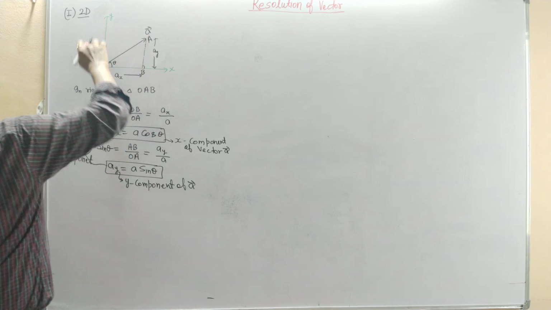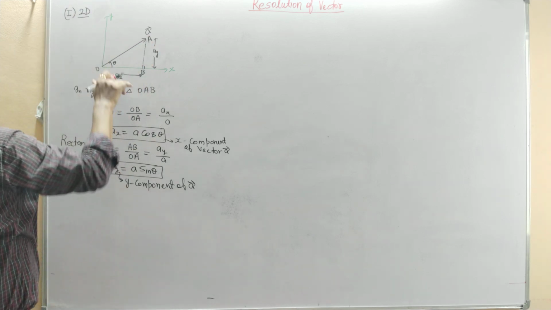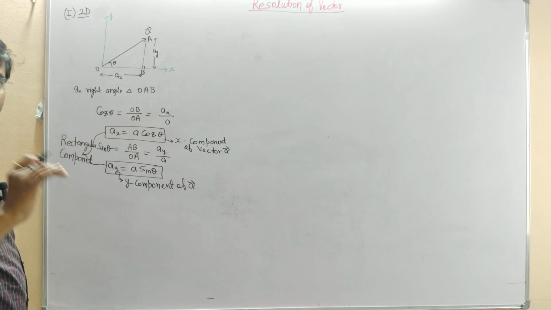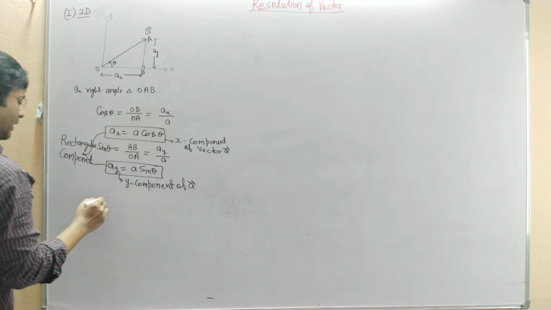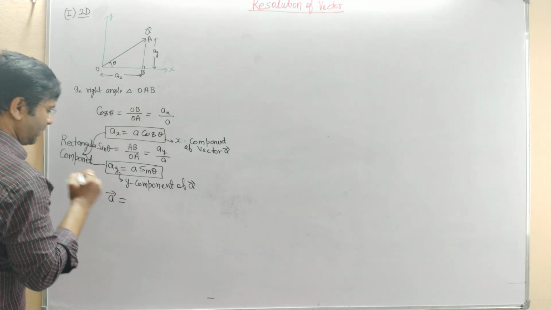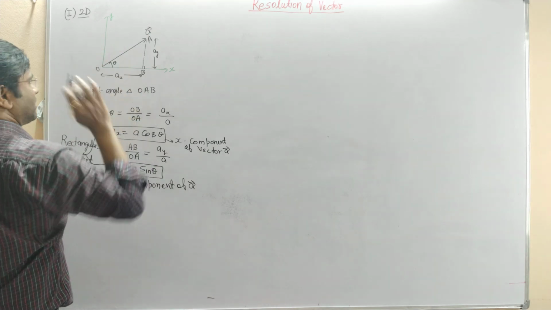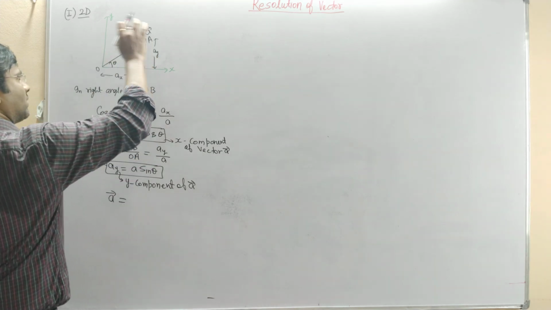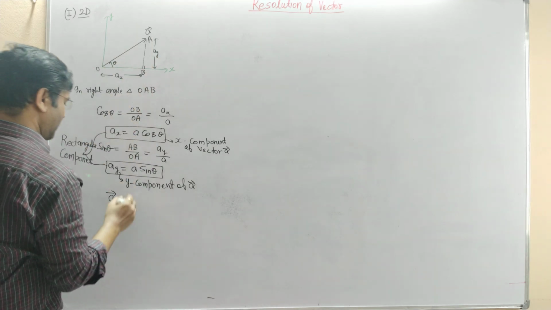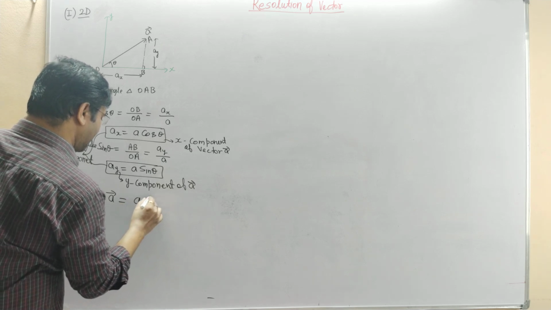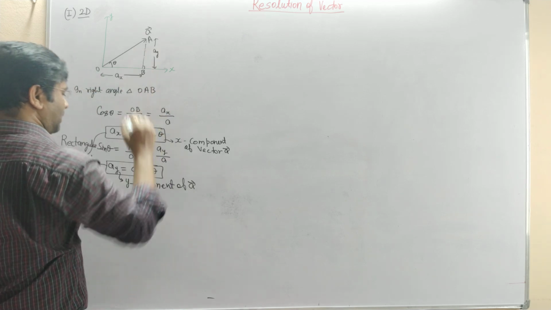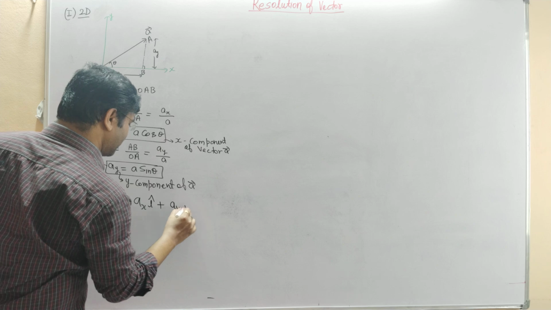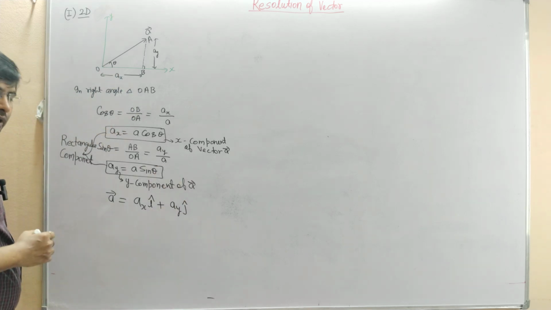In y axis we will write the Ay part, and in x axis we will write the Ax part. So here we can write this vector A is OB plus BA. OB is Ax i cap, BA length is Ay, that is along j cap. We can write like this.